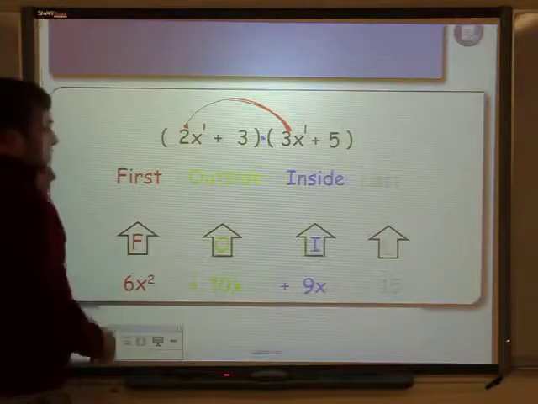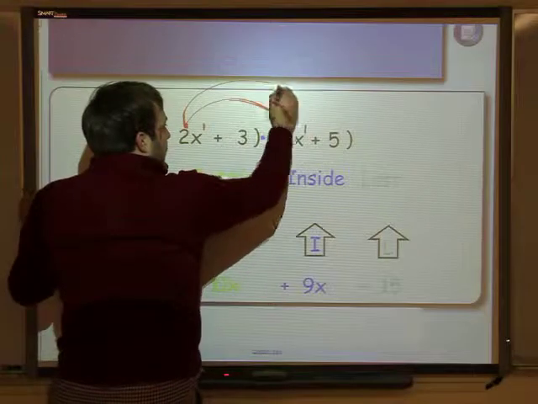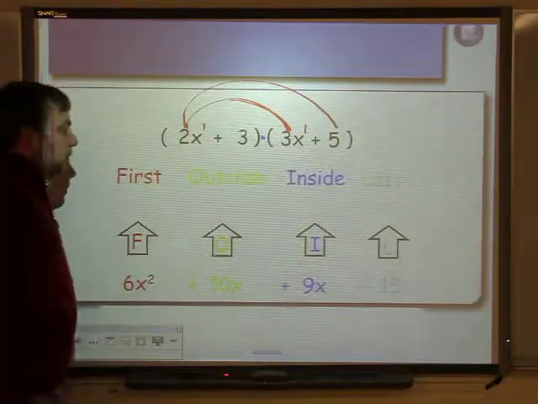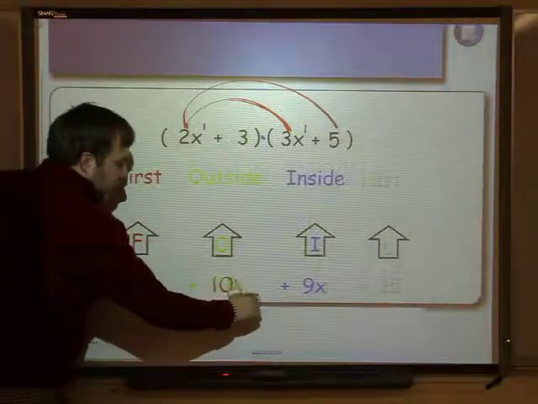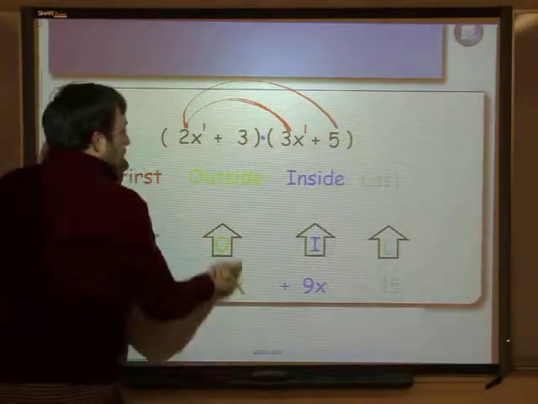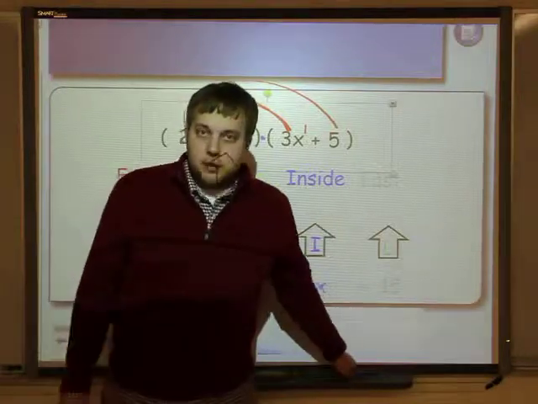So it's going to be x squared. Then I'm going to go my last ones. Well, what are my last ones? Well, 2x and 5. Well, 2x times 5 gives me 10x. There, now I've distributed. That 2x has gone to both things. I'm done with that one.